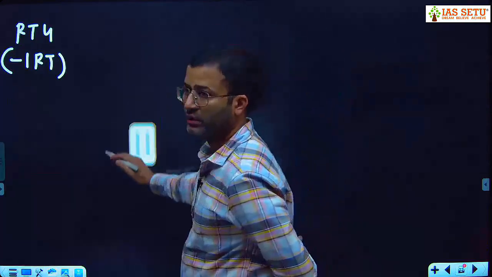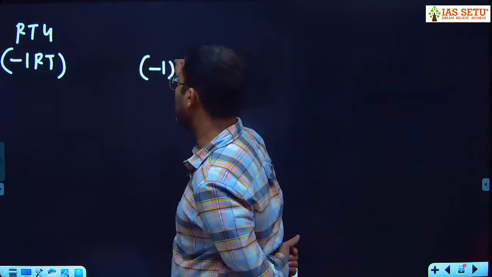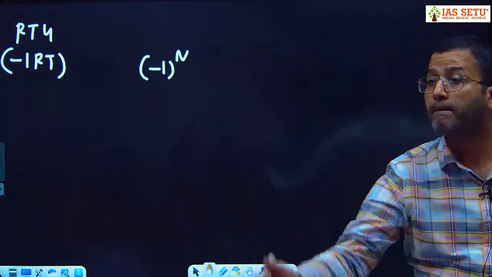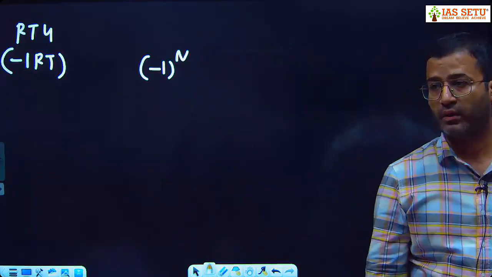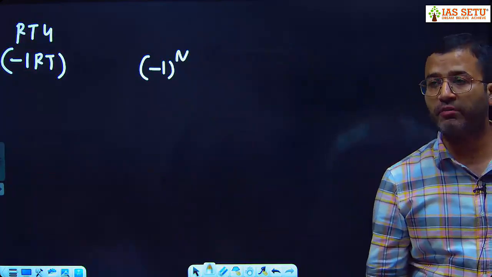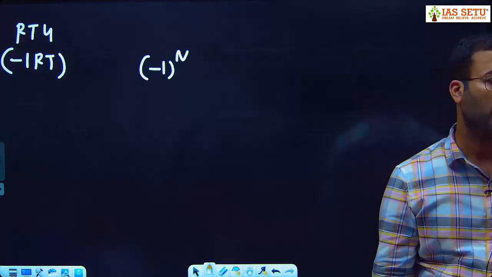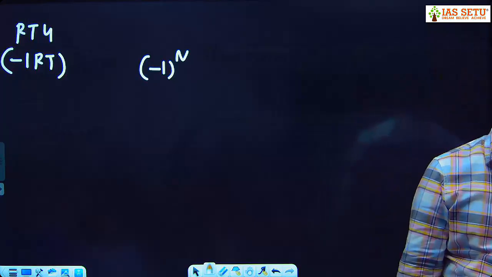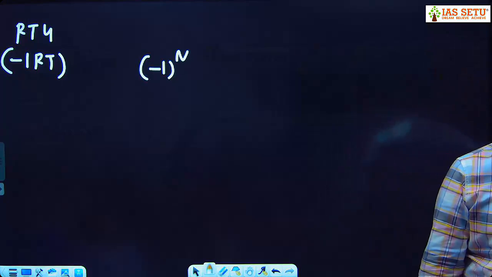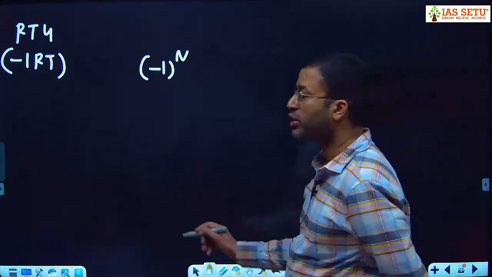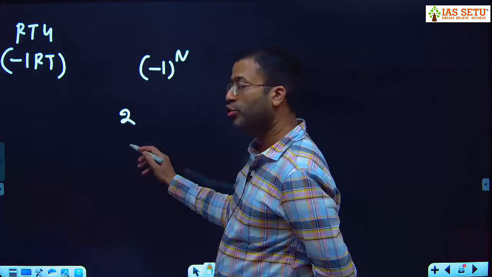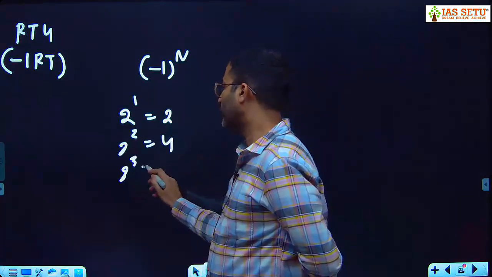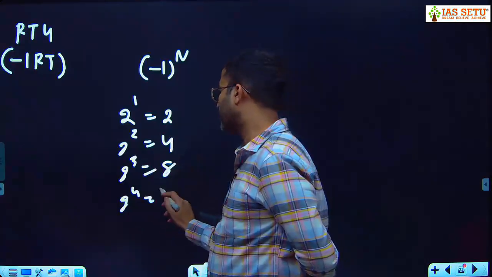One more thing. Tell me what is -1 to the power n? It depends on n. But it is not like in the case of 2, where 2 to the power 1 is 2, 2 to the power 2 is 4, 2 to the power 3 is 8, 2 to the power 4 is 16.